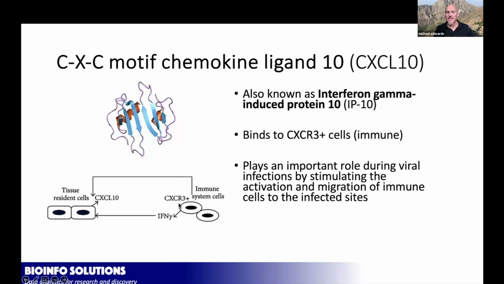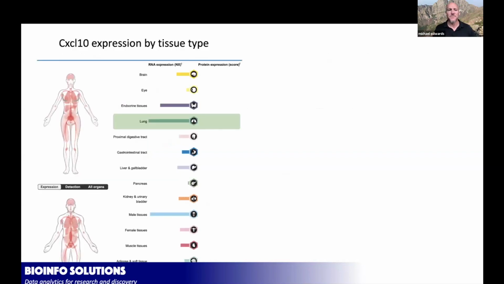It eventually finds a CXCR3 receptor on an immune cell and signals it to secrete interferons, but also to come help. So in a way, this is a gene that is screaming out, I need help, I'm infected. Let's go get the troops to come in and take care of this.